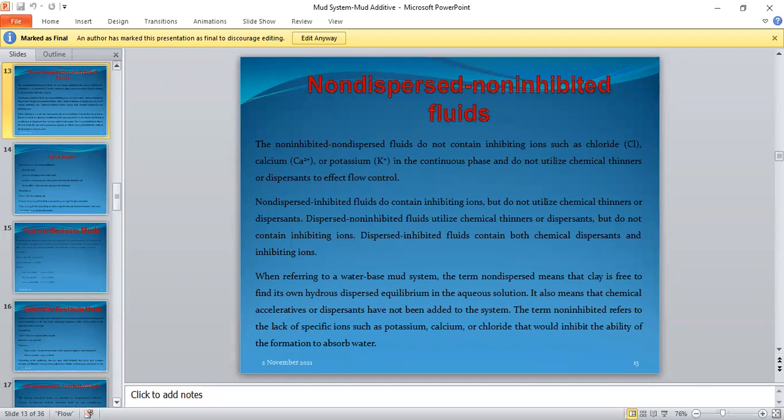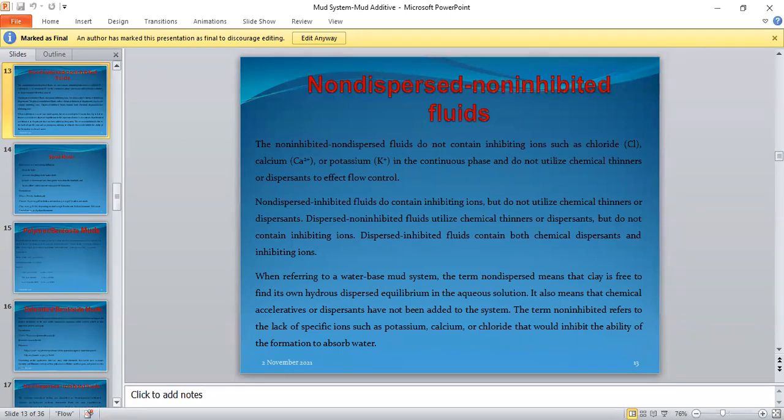Inhibited means you have something in your mud that can take care of the water effect on the clay or on your formation. When referring to a water-based mud system, the term non-dispersed means that clay is free to find its own hydrous dispersed equilibrium in the aqueous solution.